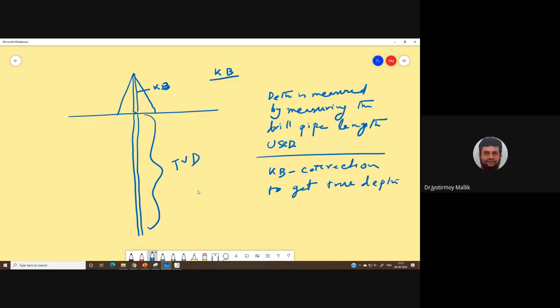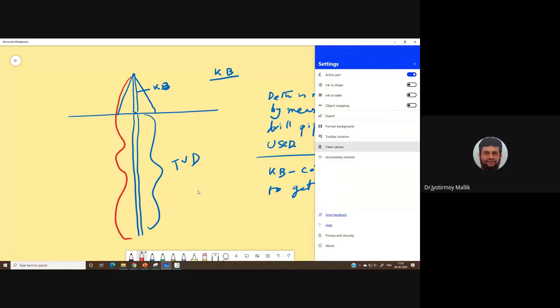So this is my uncalibrated depth. If the Kelly bush is say around 30 meters, in that case you subtract 30 meters from the uncalibrated true vertical depth to get your true vertical depth. So you need to get rid of the Kelly bushing height from your depth.